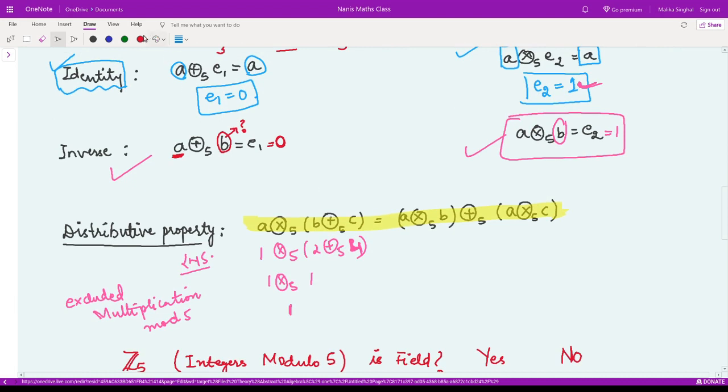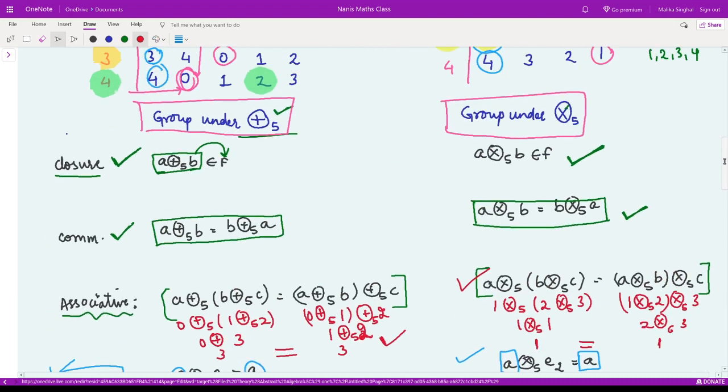Let us see the right hand side. On the right hand side, we should check whether 1 multiplication mod 5 2, then addition mod 5 this 1 multiplication mod 5 4, whether this is also equal to 1 or not. So firstly we'll check what is 1 mod 2 in the multiplication table and 1 mod 4 in the multiplication table.